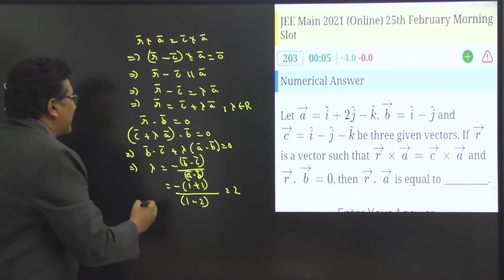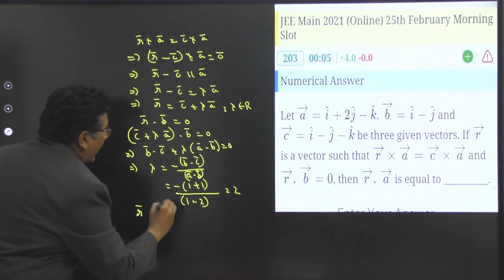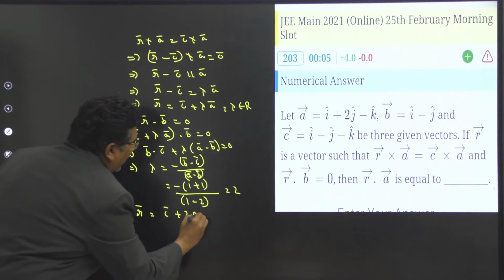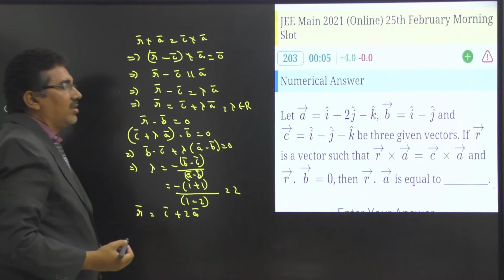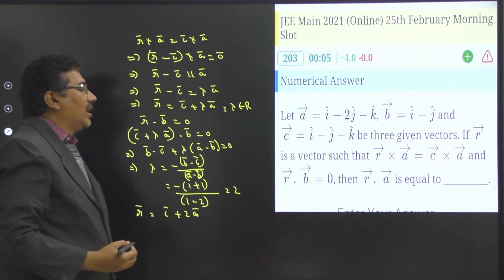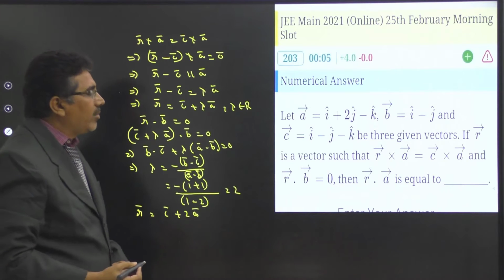Therefore, r bar is equal to c bar plus 2 into a bar. Now, we want to find r bar dot a bar.